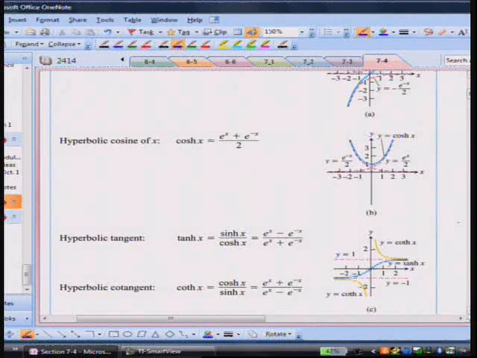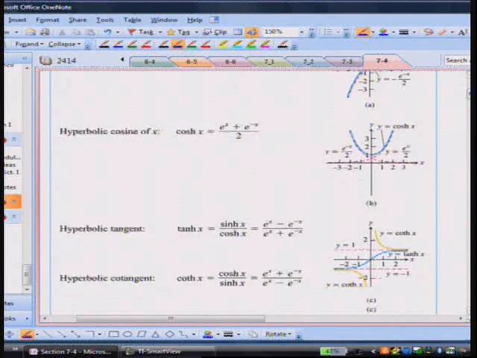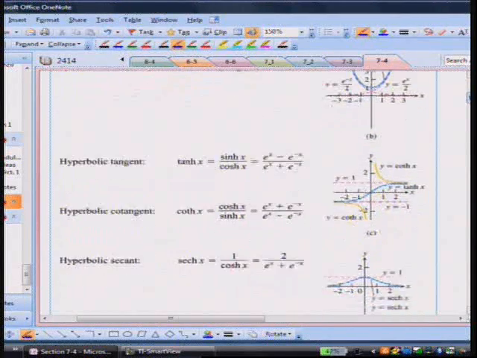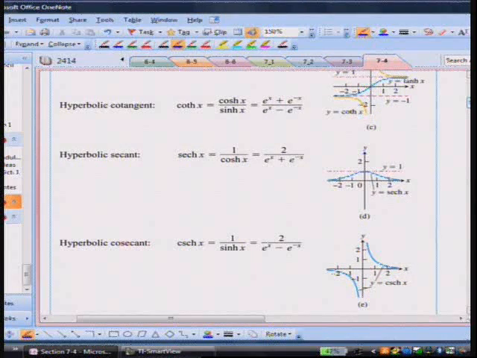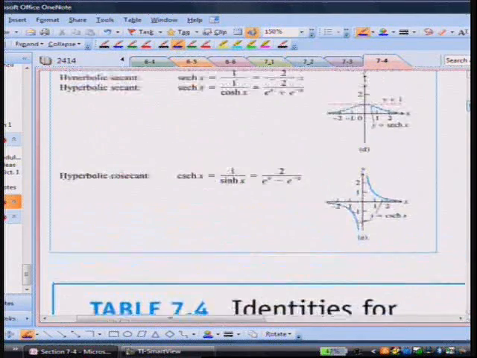So it's going to have a lot of the same trig properties from before. And it looks like that. And then the hyperbolic secant is just the reciprocal of the hyperbolic cosine. And then your hyperbolic cosecant is the reciprocal of the hyperbolic sine. Okay? So those are your little functions.